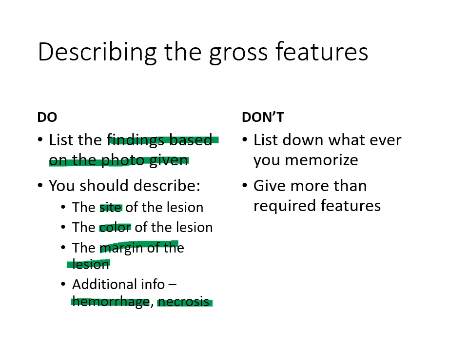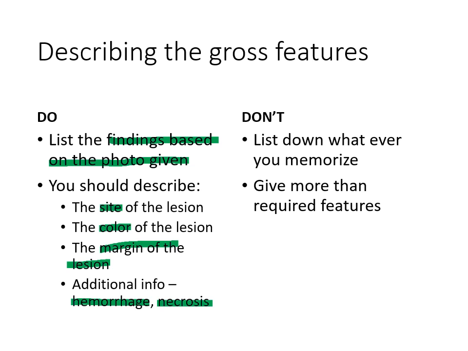What you don't have to do is list down whatever you memorize, because sometimes those features are not found in the photo given to you, so that will not give you any marks, and you are wasting your time if you put down features that are not relevant to the photo. The next one is not to give more than the required features.